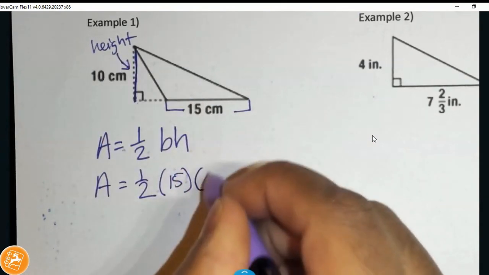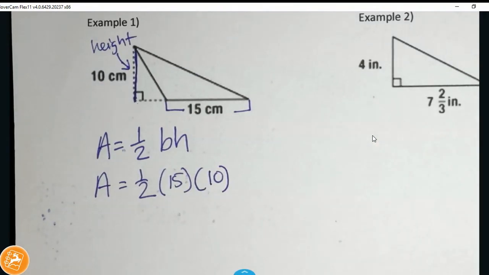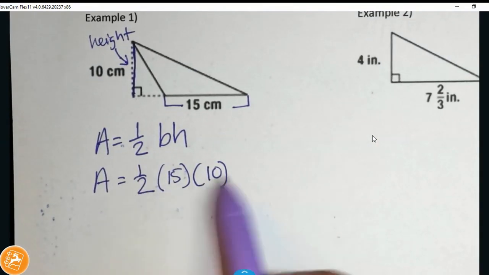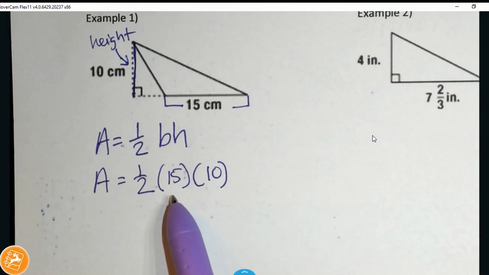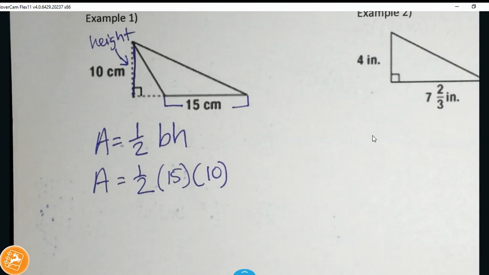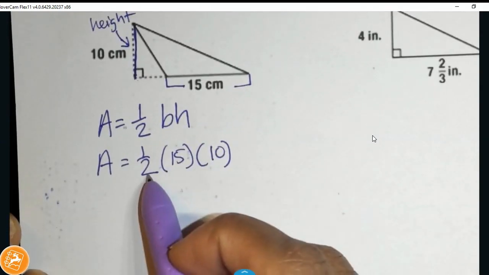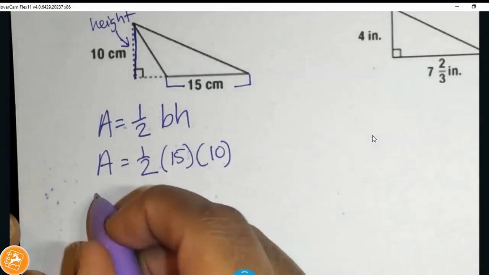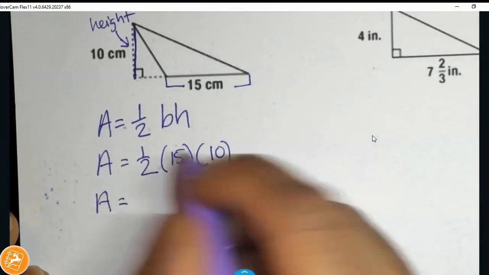My height is 10. Now, there's a couple different ways we could do this. I could take 1/2 of 10 and then multiply that by 15, or I can just do 1/2 times 15 times 10. It doesn't matter. Remember, multiplication is commutative, so I can take 1/2 of any one of these two and then work it out. It's really up to you. I know half of 10 is 5.